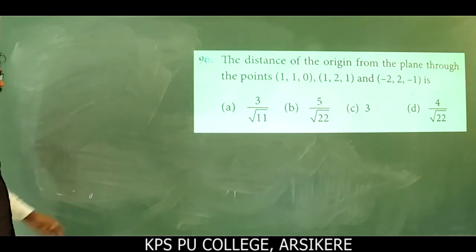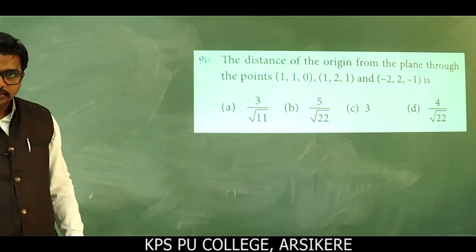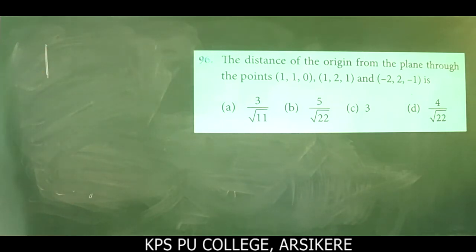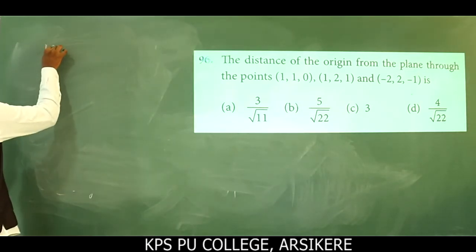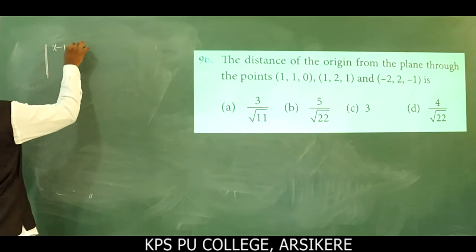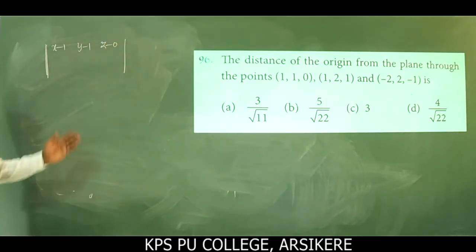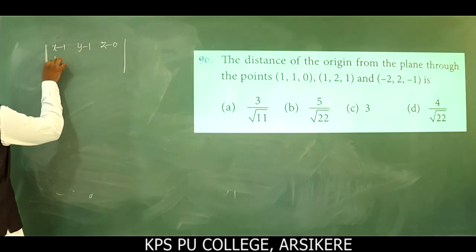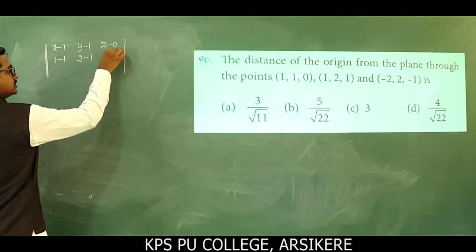So take the given points as x1, y1, z1 and the second as x2, y2, z2 and third as x3, y3, z3. Directly substitute the values here, because you should know the equation of the plane passing through 3 non-collinear points. The first row will be x minus 1, y minus 1, z minus 0, because the first point is (1, 1, 0). In the second row we have 1 minus 1, 2 minus 1, 1 minus 0.